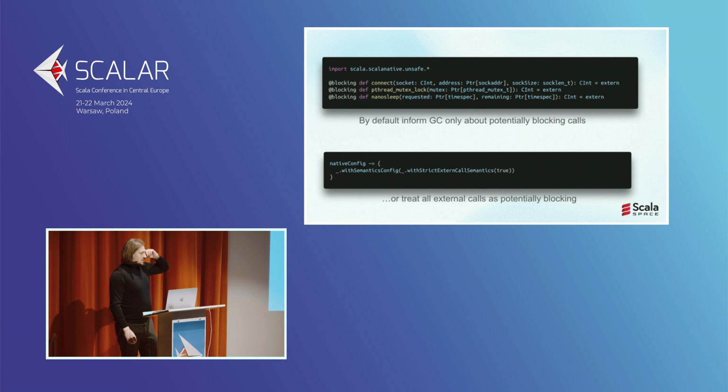So instead, in the new Scala Native, there is a dedicated annotation for the external functions, so that if we know that we got some functions that can block for an infinite amount of time, or for a long amount of time, they would use this notification system for the GC to inform it about entering the unmanaged part of the code.